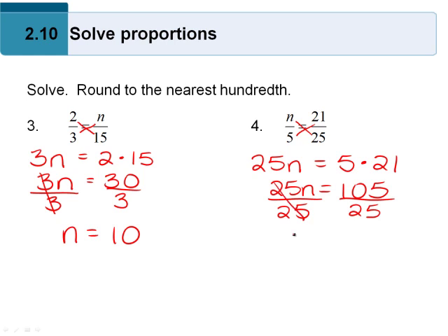Now because the directions say round to the nearest hundredth, you go to your calculator, 105 divided by 25, and you get 4.2. Now, since technically the number after the 2 is a 0, if they really wanted it to show that you've got something to the hundredths, you could put the 0 on there, but they should also still accept 4.2 because it just came out nice and even.